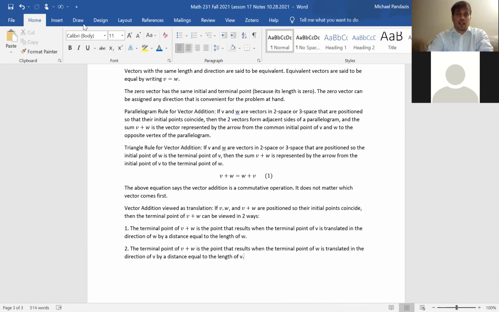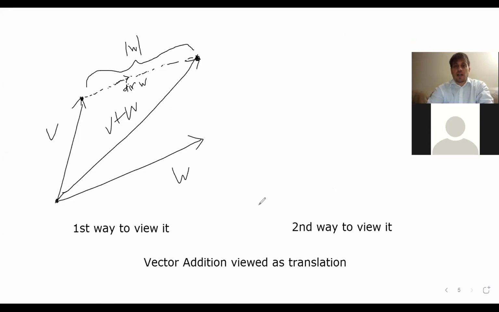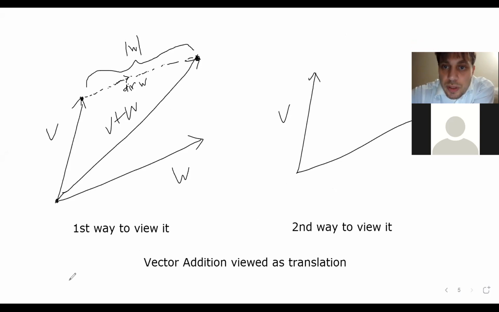Okay, so basically, you have the same vectors. You have the vector V, you have the vector W, you have the vector V plus W, and that's a straight line.